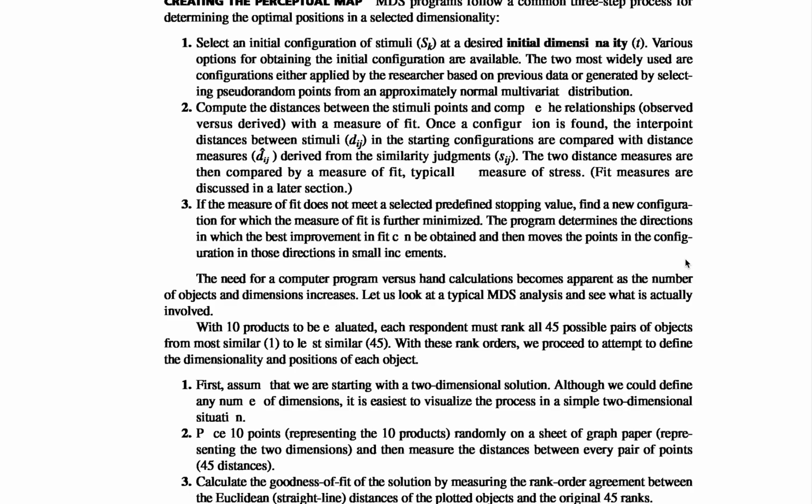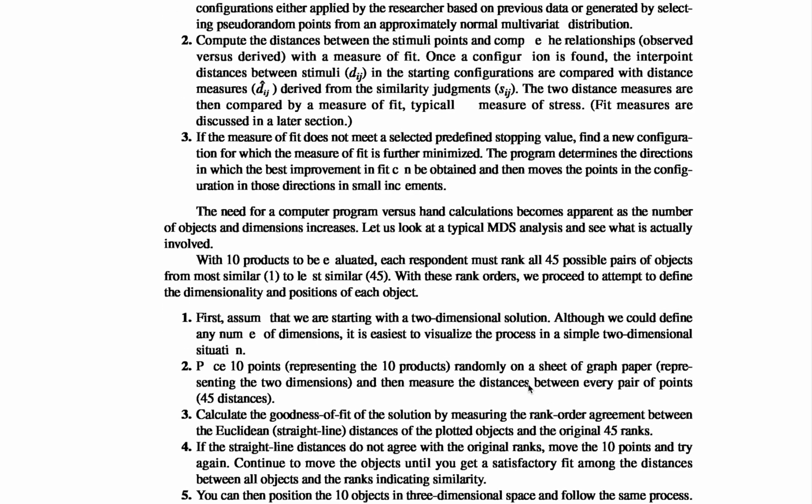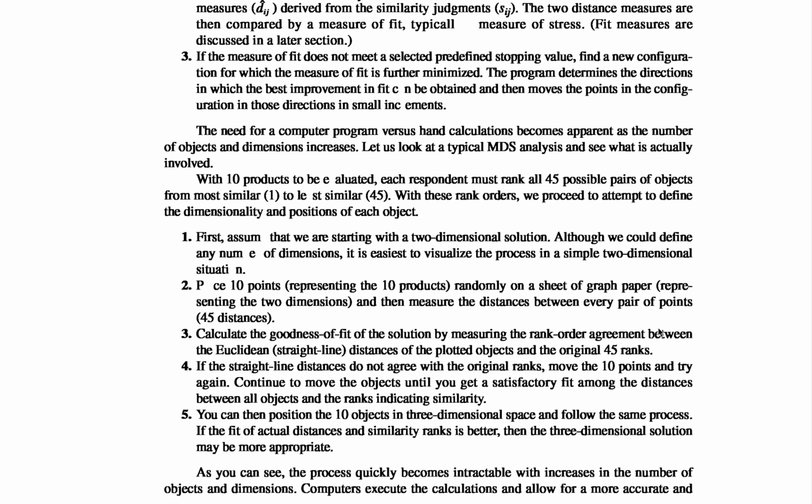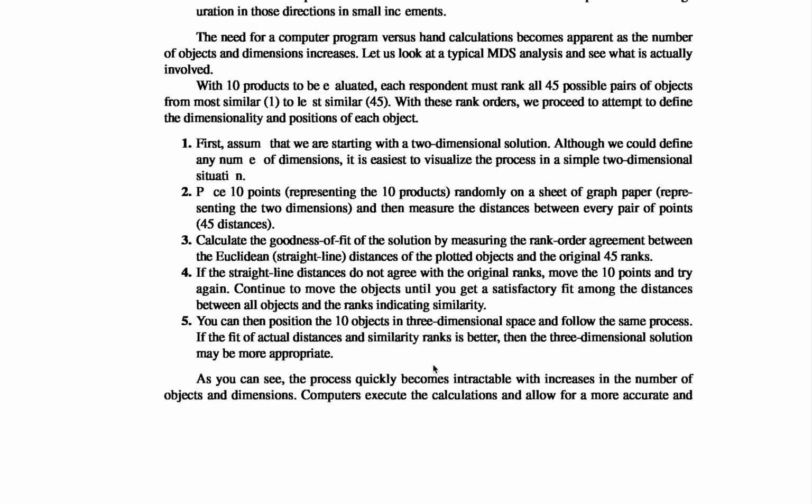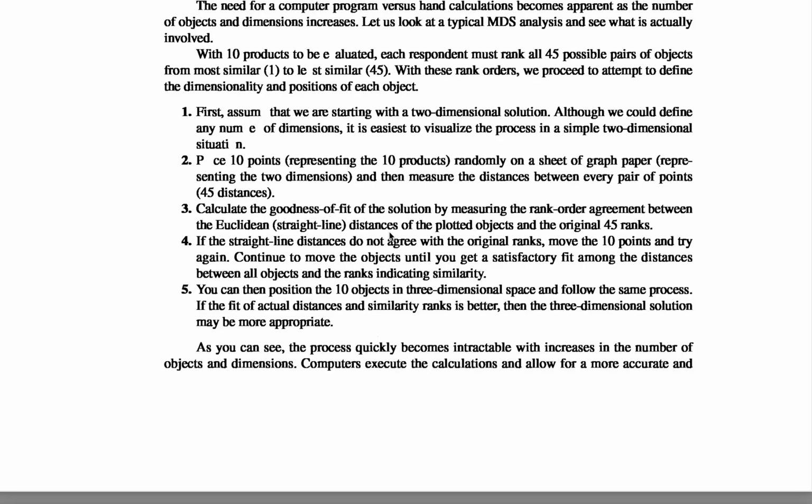Ten points representing the 10 products can be randomly selected on graph paper representing the two dimensions, and then we measure the distance between every pair of points, 45 distances. Calculate the goodness of fit of the solution by measuring the rank order agreement between the Euclidean straight-line distances of the plotted objects and the original 45 ranks.